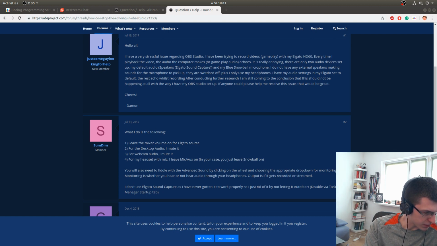Audio output, audio input capture. 1, 2, 3, 4, 5. I changed settings in OBS. So you don't see what I'm doing on the second monitor, where I have OBS and I'm experimenting with settings.